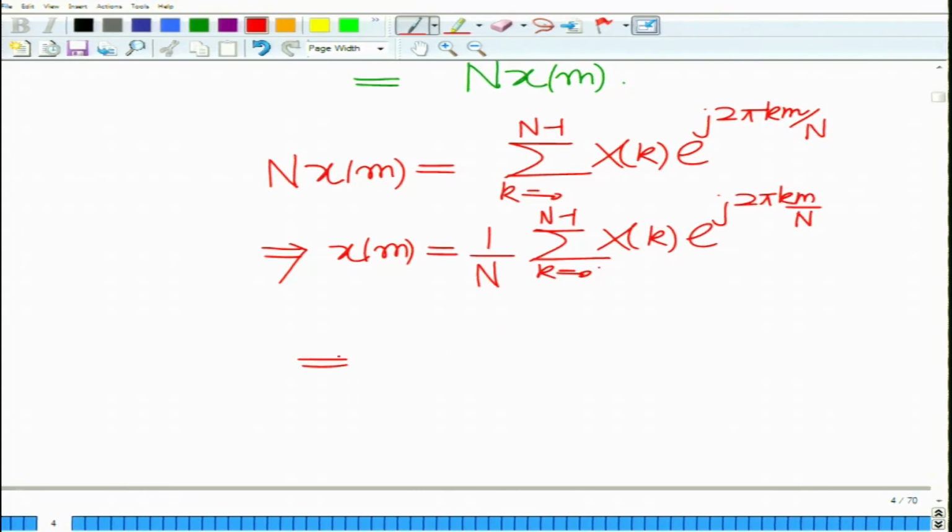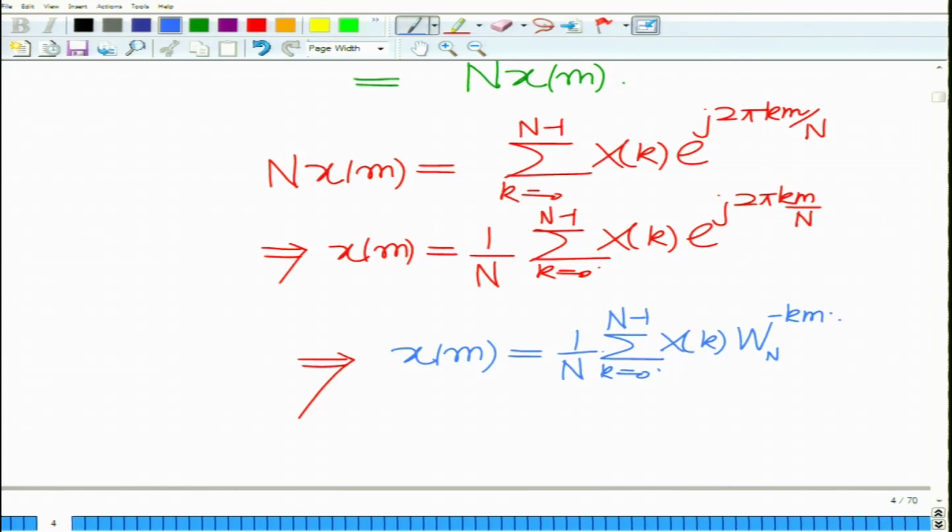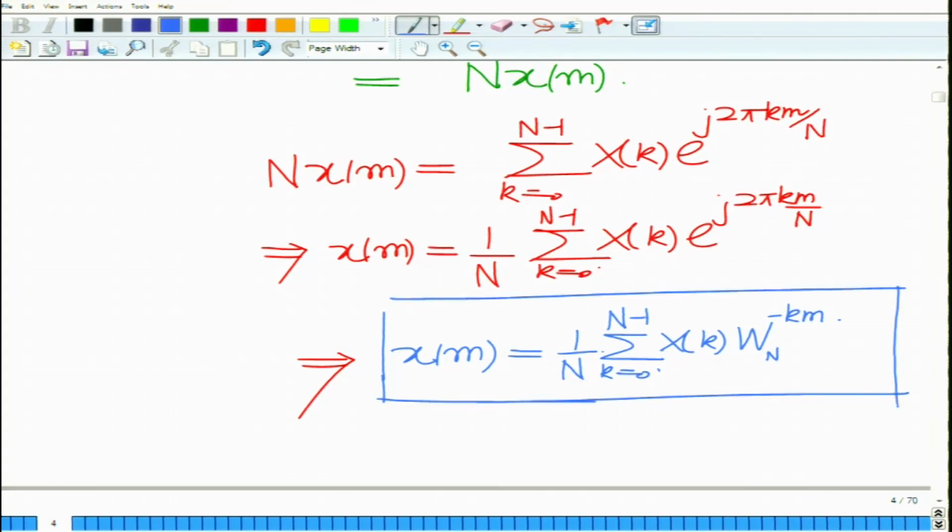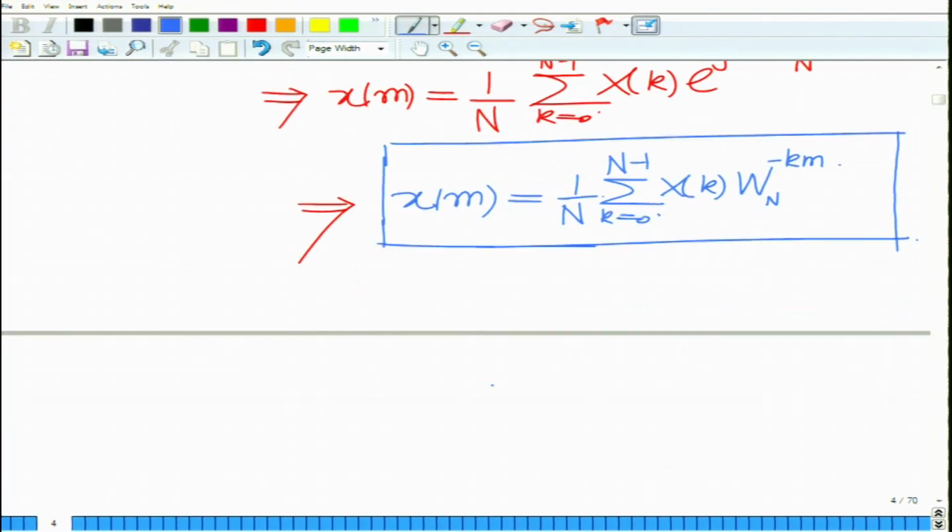So, this implies basically you have x[m] equals 1 over N summation k equal to 0 to N minus 1 X[k] W_N raised to minus k m. Okay. So, this is the expression for the IDFT, inverse discrete Fourier transform.